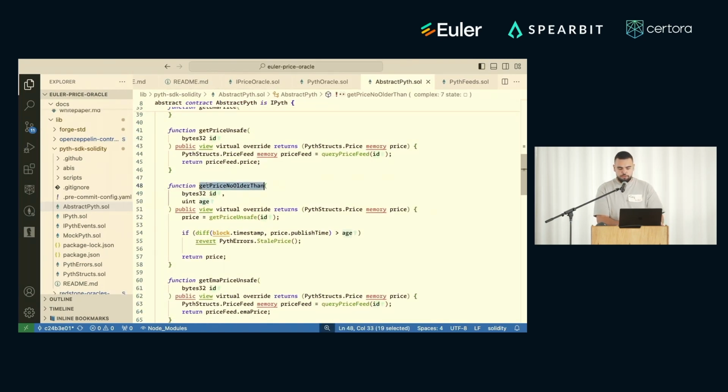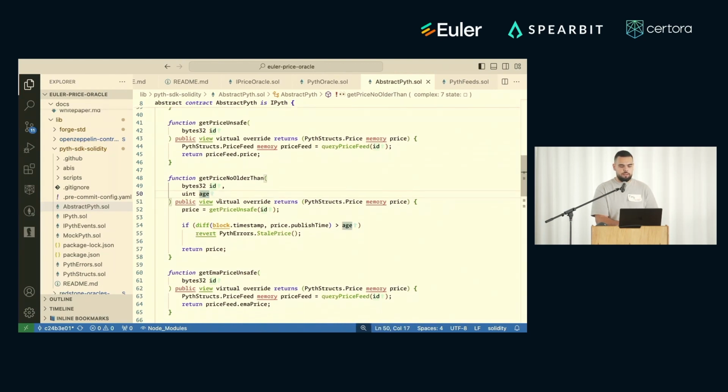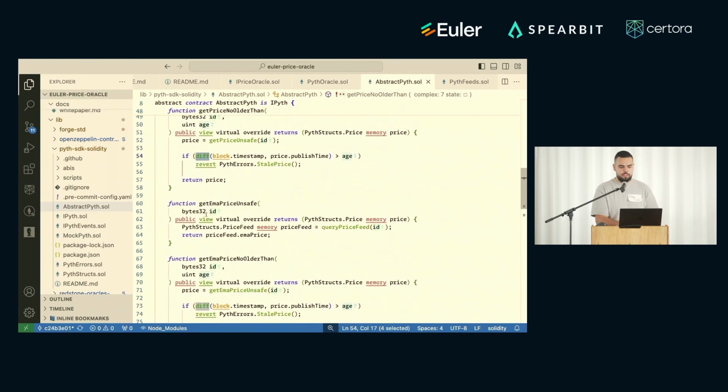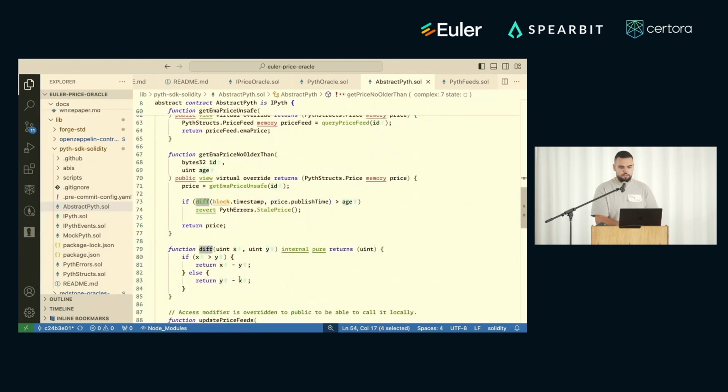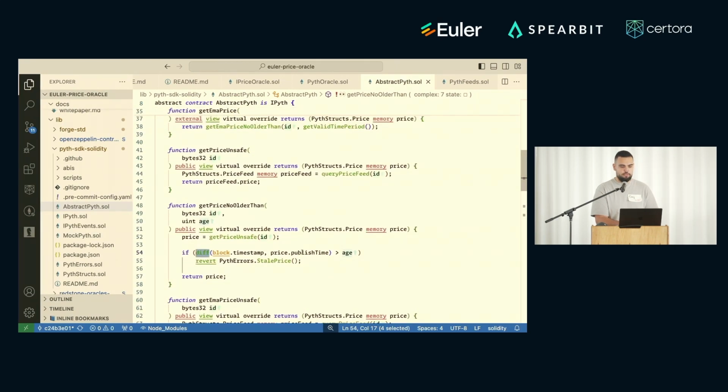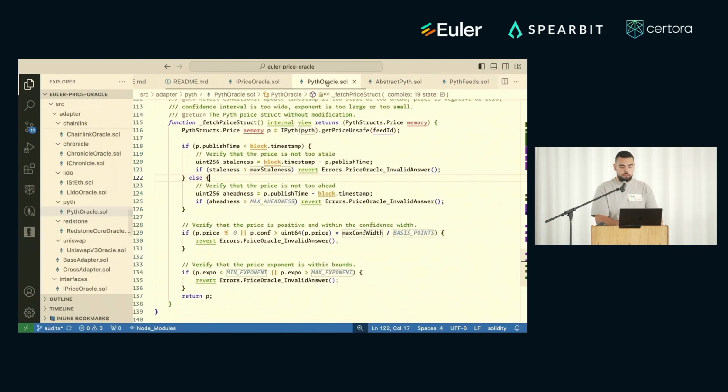If you call this method get price no older than, you're expecting age to be something like 5 minutes, right? And this diff actually gives you the absolute difference of the publish time and the timestamp. So for some reason they made it this way so that it's symmetrical around the timestamp, but we override that to one minute in the Pyth oracle.